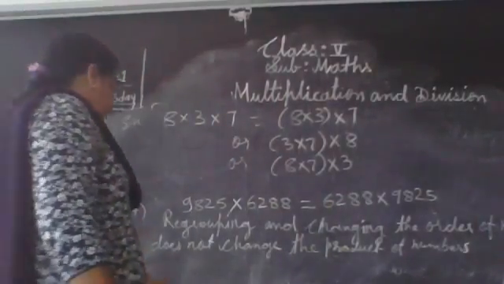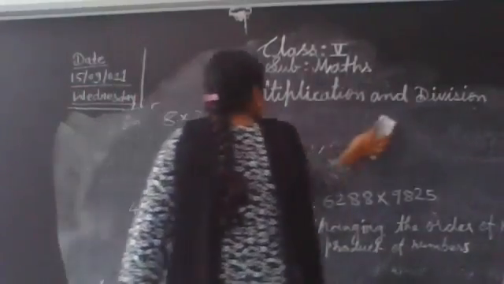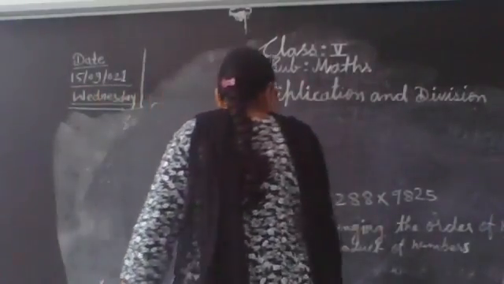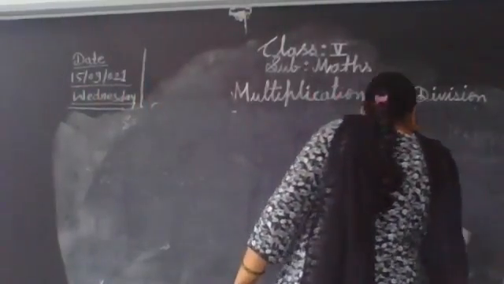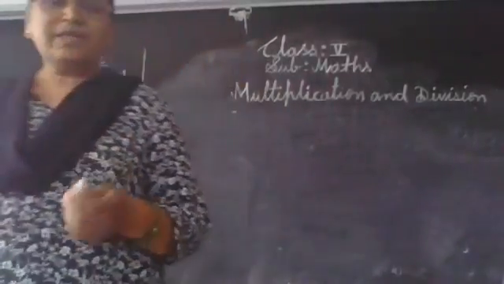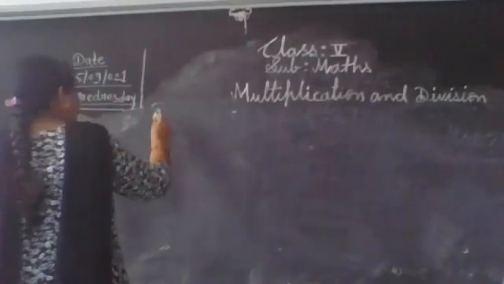And the last property. To multiply a bigger number, you can break the numbers and then multiply. Bigger numbers can be divided into smaller numbers.